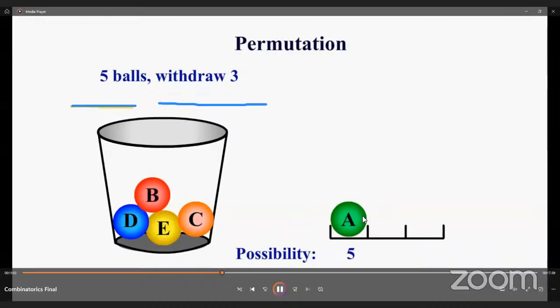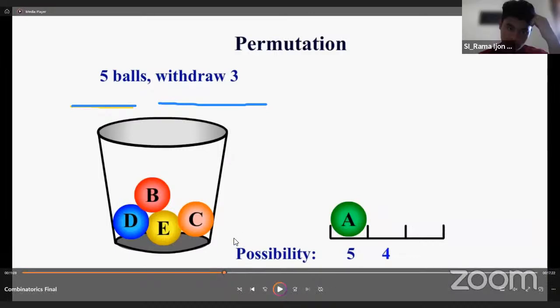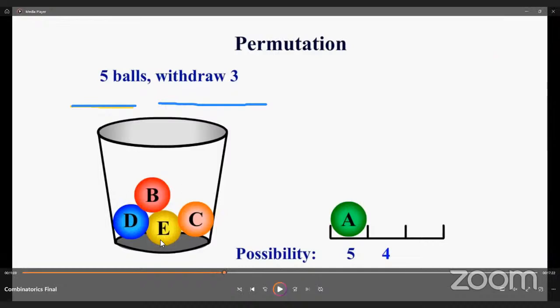So for the second withdrawal, how many possibilities are there? 4. Because there are only 4 balls inside. So for example, you take the ball B.